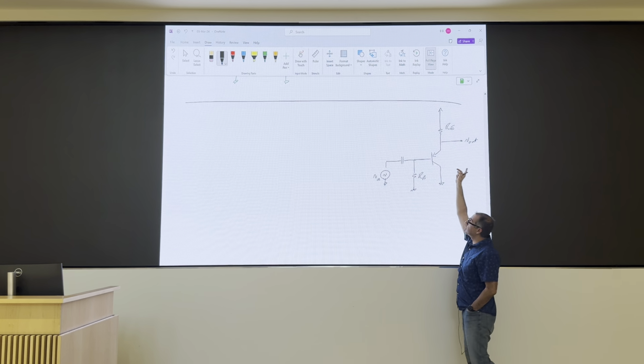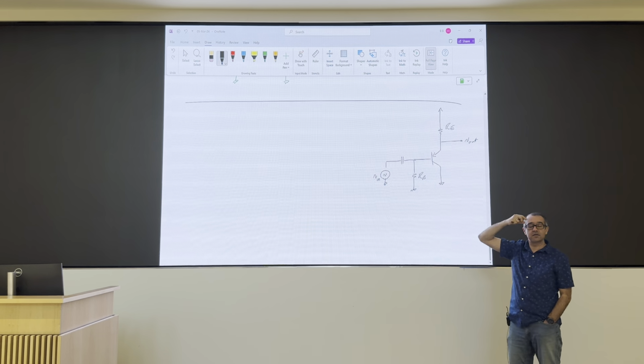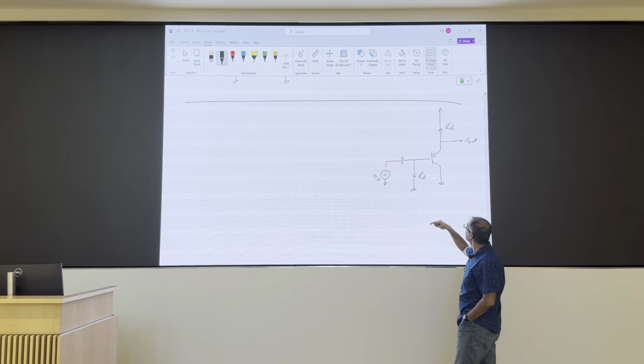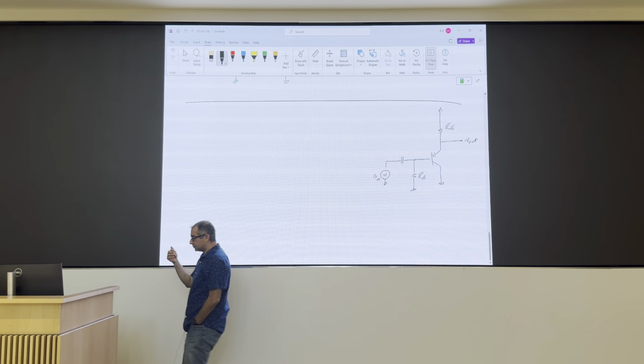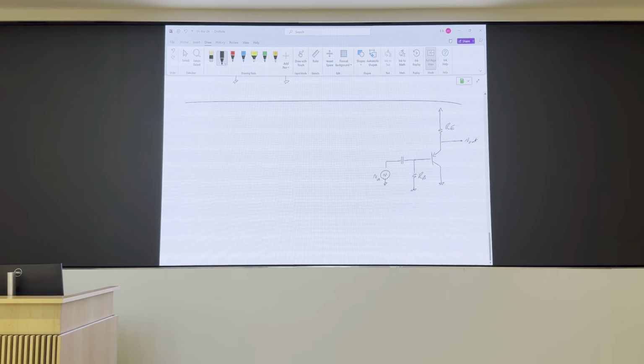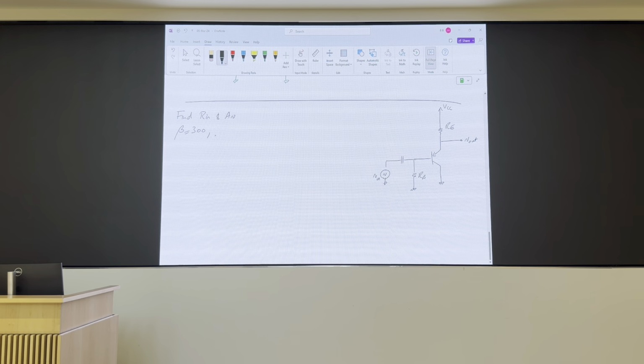Input going into the base, coming out of the emitter. Doesn't matter if it is NPN or PNP, same. So let's just use some numbers here. Let's assume beta is 300 like what we had before. VBE is 0.65. VCC is, I don't know, 3 volts.